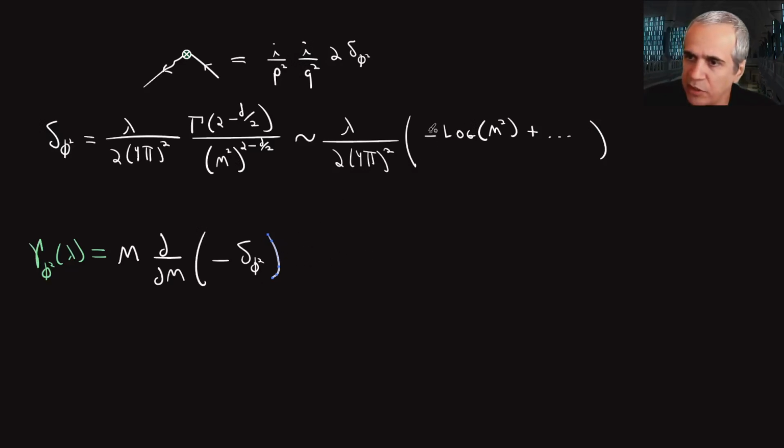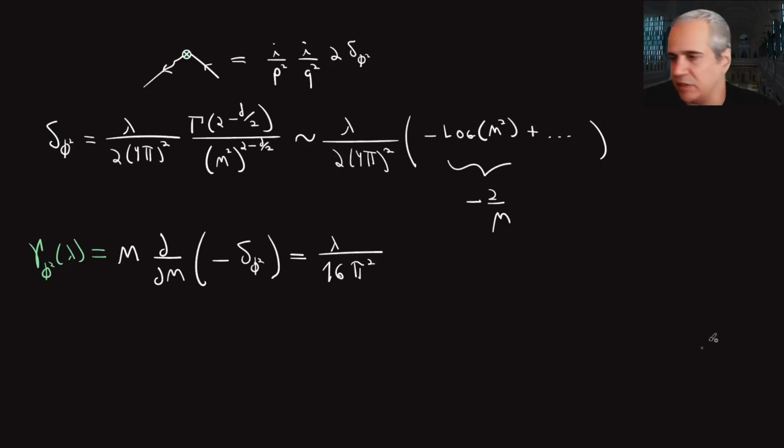I'll have a minus here. The derivative is just minus 2 over m, and the m goes away. So that's just lambda over 16 pi squared, which is this one. This 2 was cancelled by the derivative here. The minus, this all goes away because the derivative of this part is minus 2 over m, which cancels this m, this factor 2, and that minus. So you just have lambda over 16 pi squared.